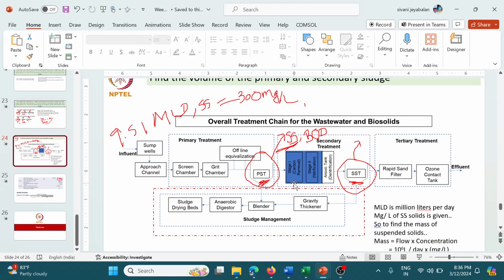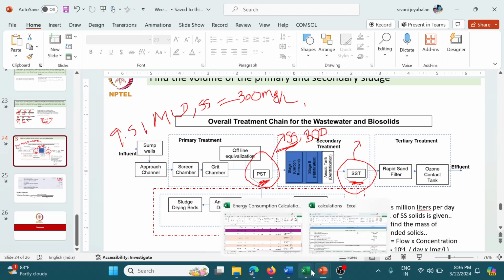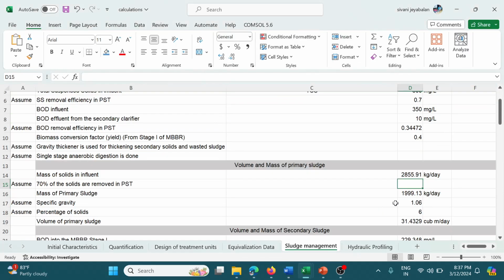Do we have to multiply the mass with 70%? Yeah, that's it. So if we do that, we will be getting the value as 199.13 kg per day.